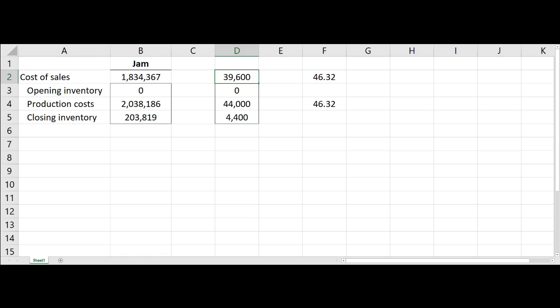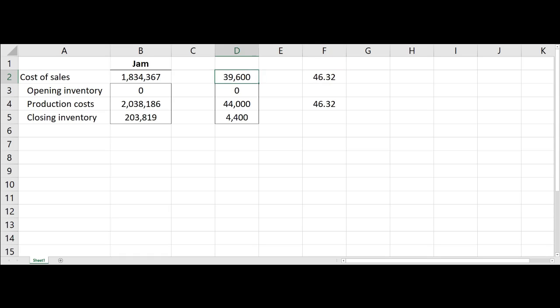So the two alternatives that we looked at is you could either calculate this product cost per unit by taking your product costs and dividing by budgeted production in units, or as an alternative, you can take cost of sales and divide by budgeted sales in units. And regardless of how you perform the calculation, you get 46 Rand and 32 cents as your product cost per unit.